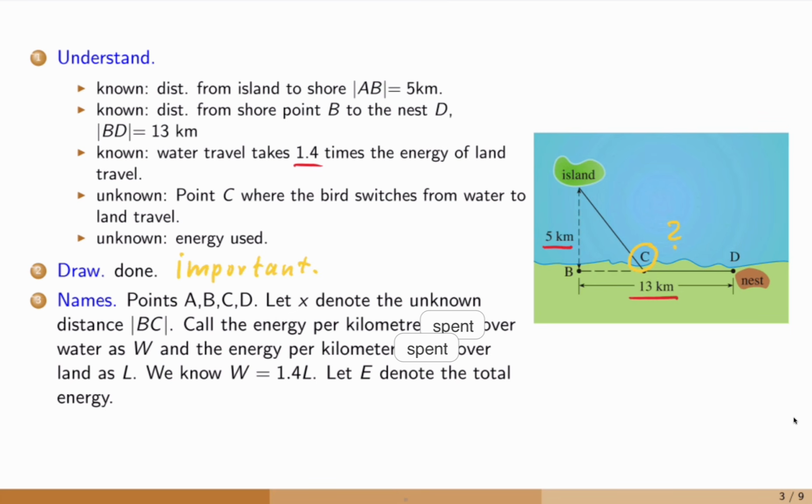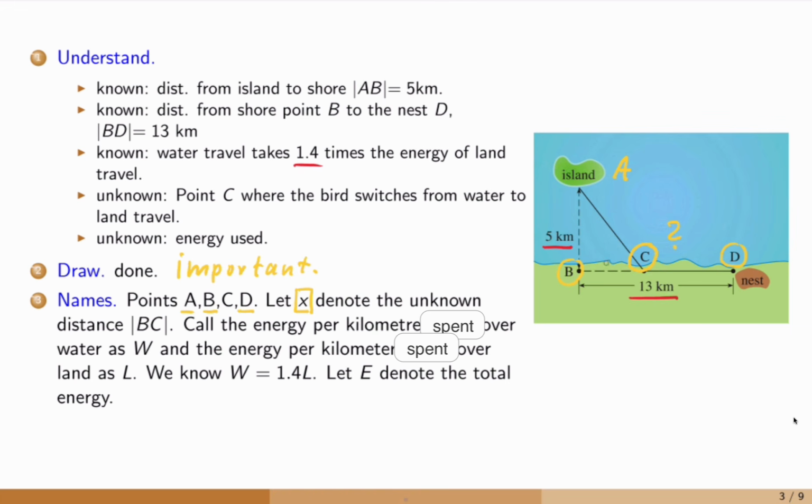So then we introduce names. We have the point A for the island. Let's call this A. B is the landing point right here. C is the intermediate point which we are looking for. D is the nest site sitting right here. And then I introduce another variable which I call x as the unknown distance from B to C. Right, the distance B to C or the distance C to D is unknown.